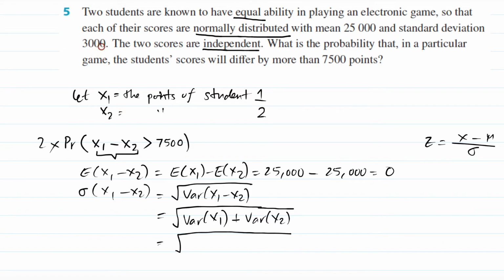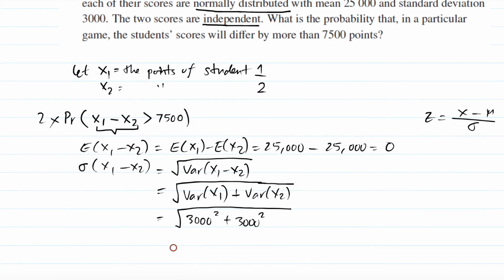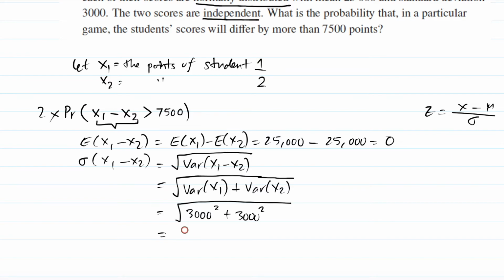So in this case, just square your standard deviation. So it's just 3,000 squared plus 3,000 squared, and if you chuck that inside your calculator, it should equal 4,242.64. So that's your standard deviation for x1 minus x2.